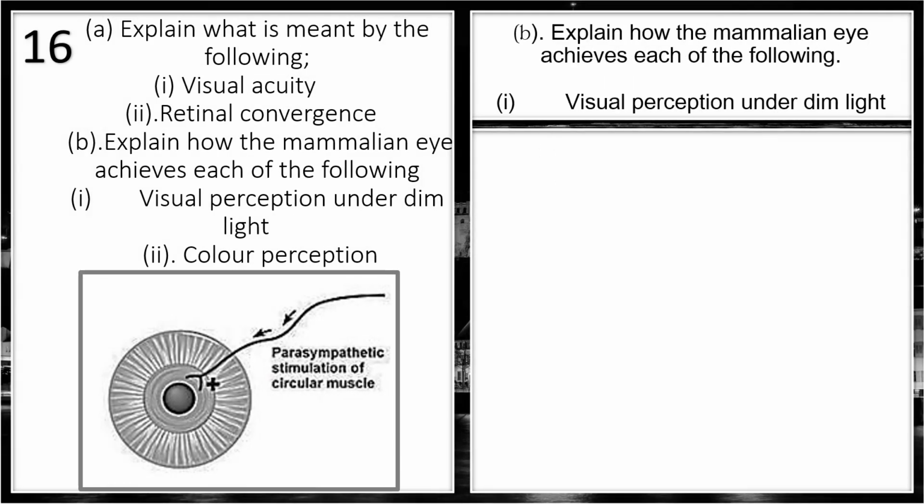Part B. Explain how the mammalian eye achieves each of the following. Number one, visual perception under dim light.